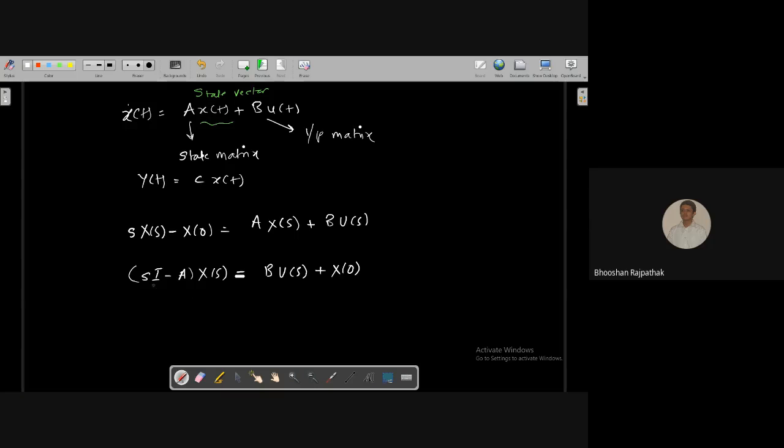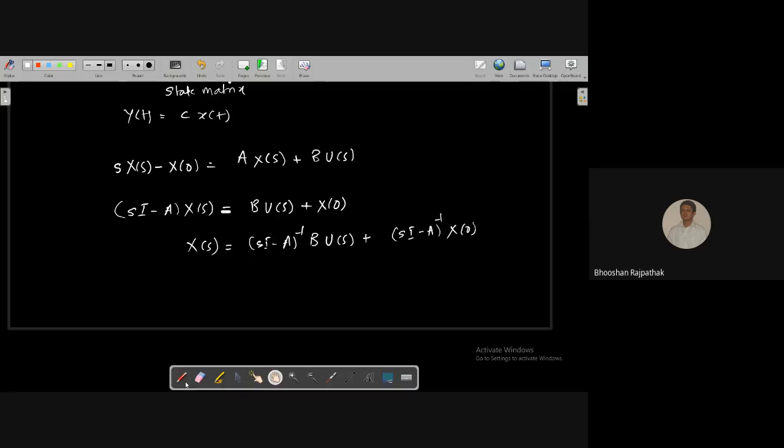Now, if sI minus A is invertible, if the inverse exists, then we can say X of s is (sI minus A) inverse B U of s plus (sI minus A) inverse x0. Here one more point to understand.